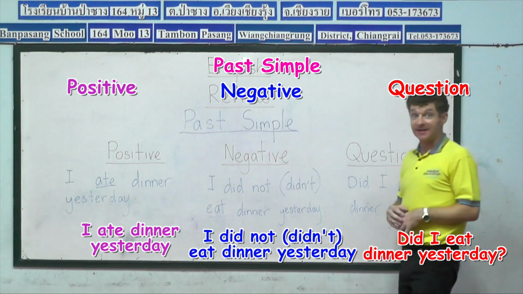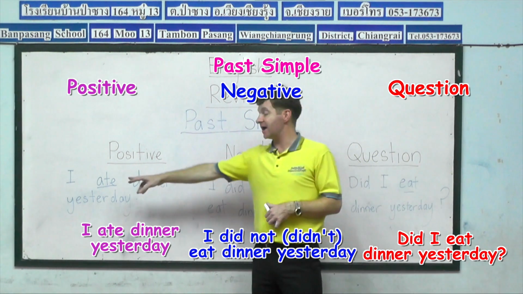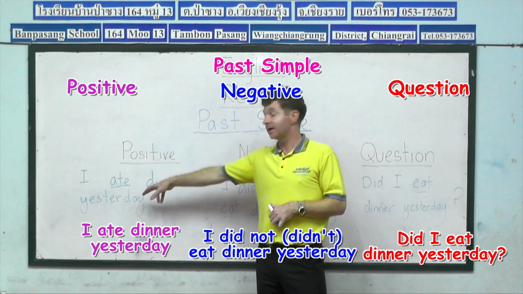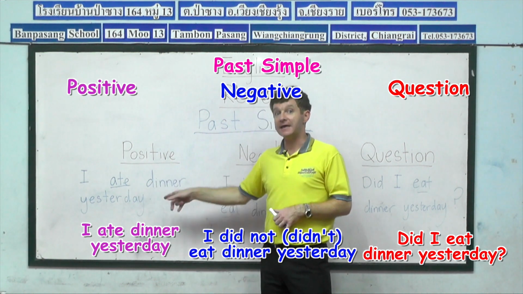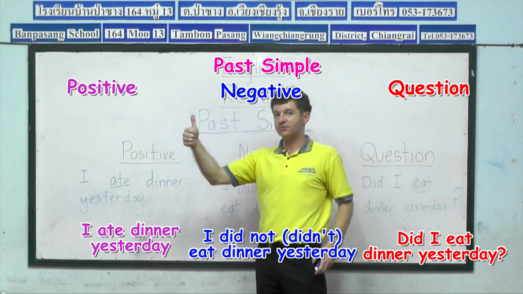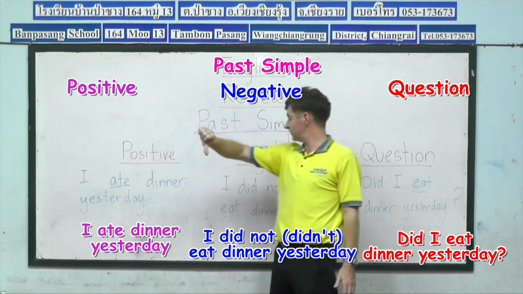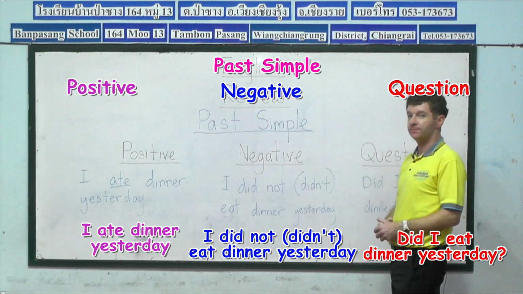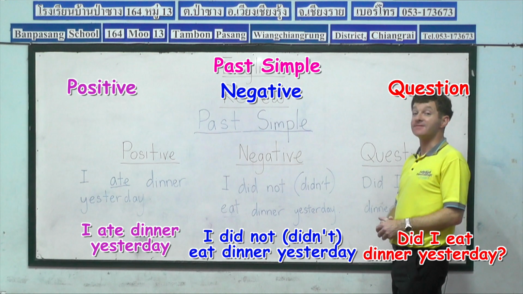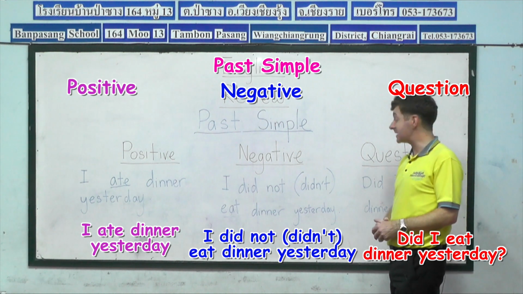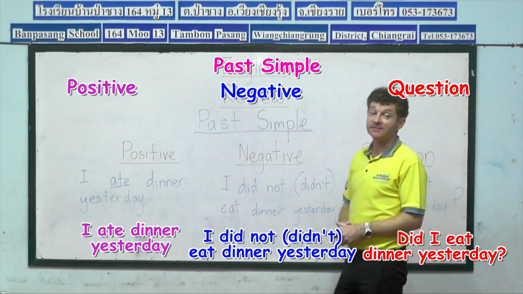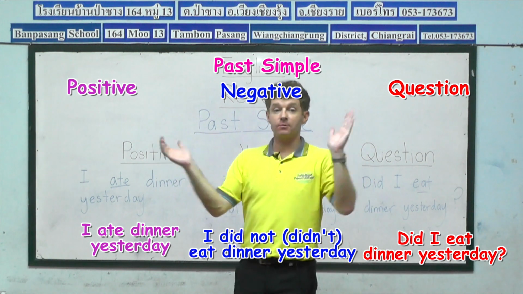And if I did, I will say, I ate dinner yesterday. Positive. But if it's negative, we say, I did not eat dinner yesterday. Excellent, guys. That was very well remembered. Well done.